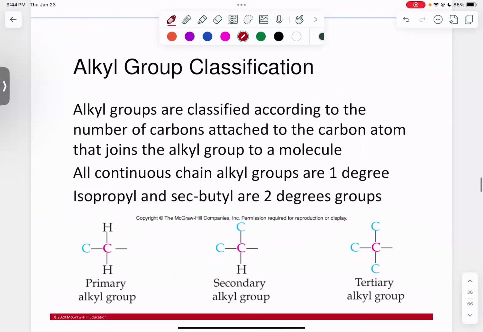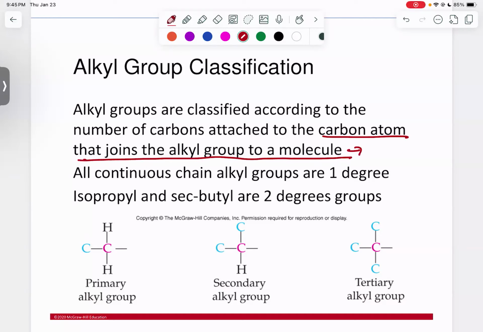So when we're looking at these substituents, these alkyl groups, they're classified according to the number of carbons that are attached to the carbon atom that joins the alkyl group to the molecule. So what does that mean, right? The carbon atom that joins the alkyl group to a molecule, it's the one attached to the parent.